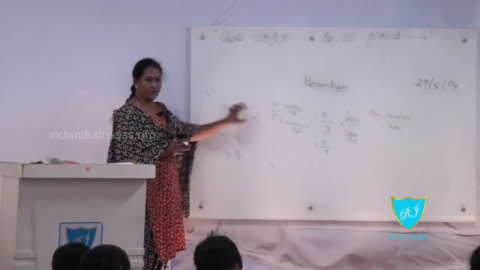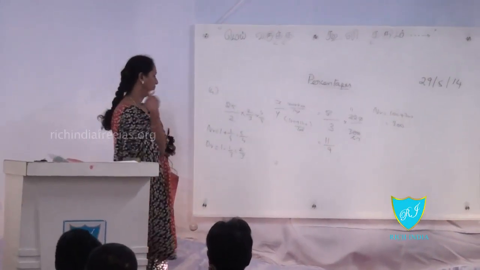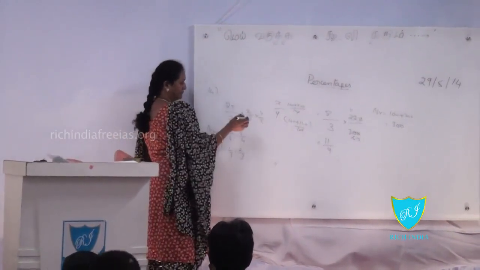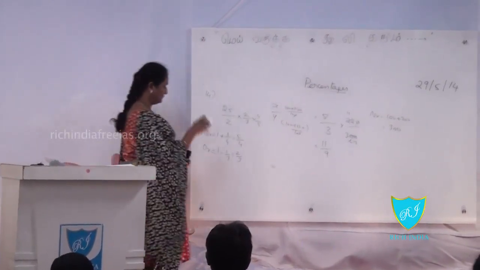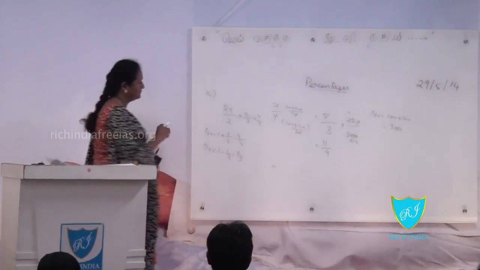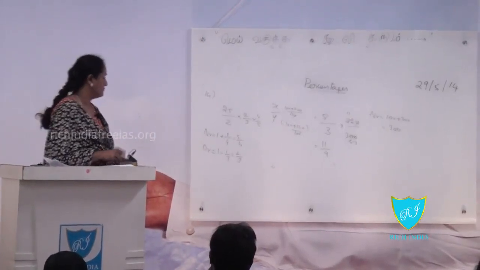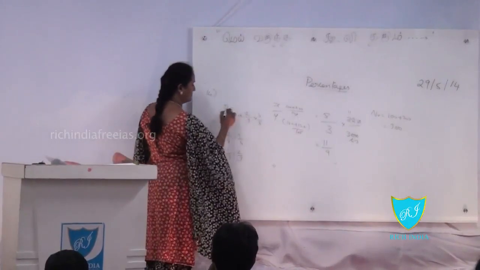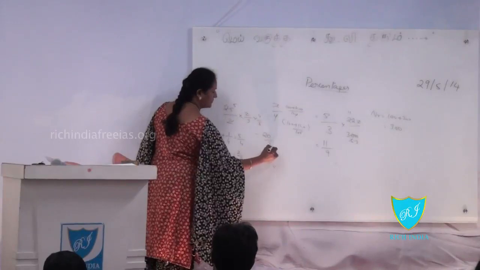So this 5 by 4 will come to the denominator, you reciprocate it and simplify. So answer is 20 by 3. So the original fraction is 20 by 3.